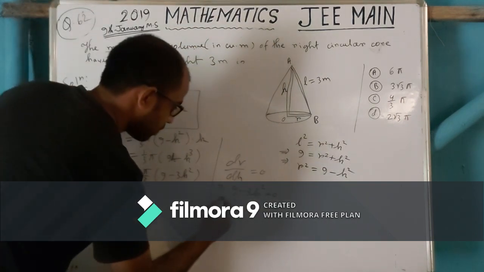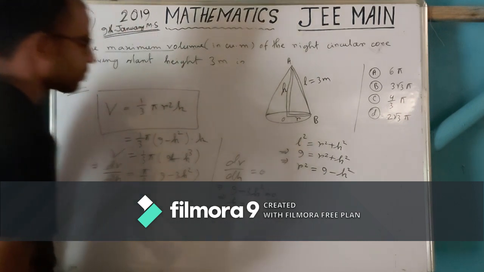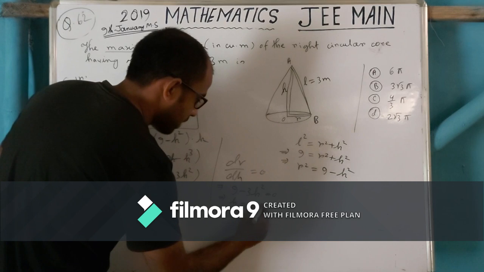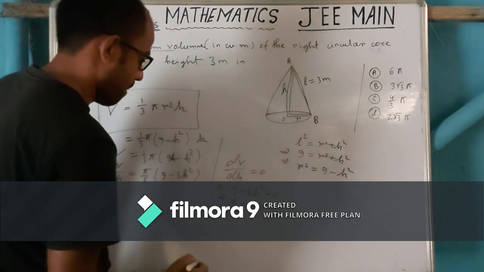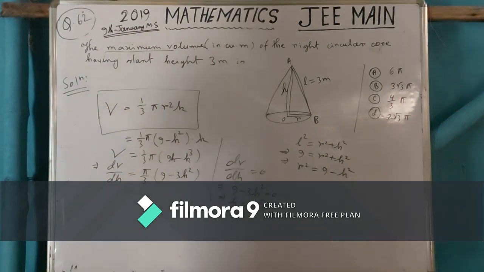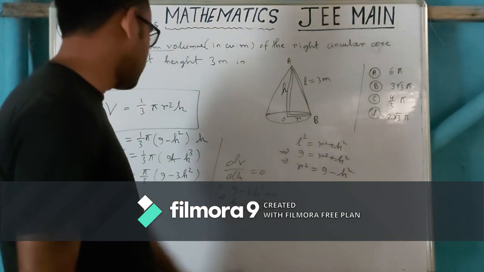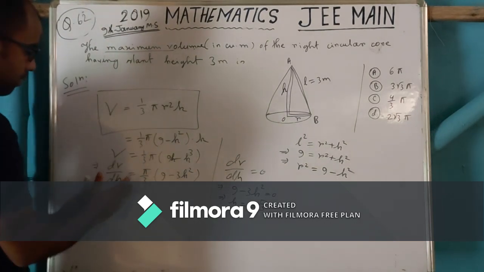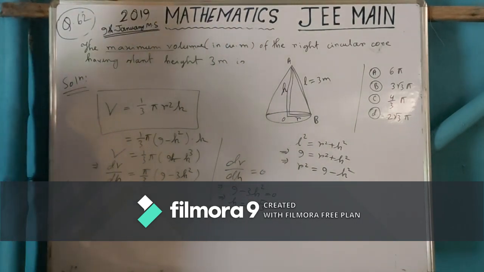So h equals plus minus root 3. So we get two values, h equal to plus minus root 3. We know for the maximum value, the double derivative of this function will be negative. For which point?